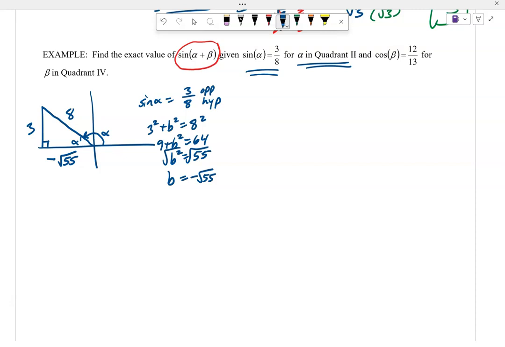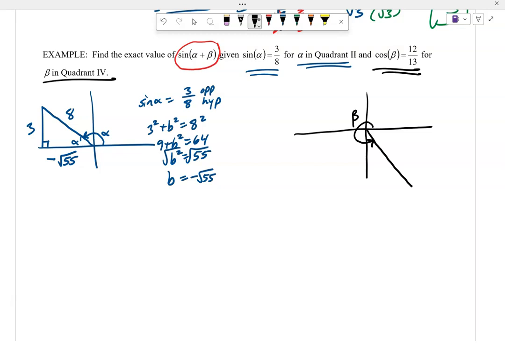Okay. Now we have one of the pictures. Now we're going to draw the picture for the beta over here. Cosine beta is 12/13, and they tell us beta is in quadrant 4. Okay, let's draw beta into quadrant 4. Here's my beta rotation.